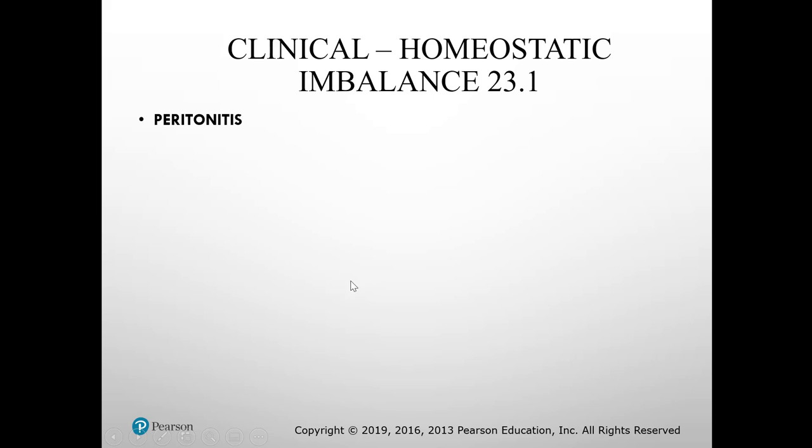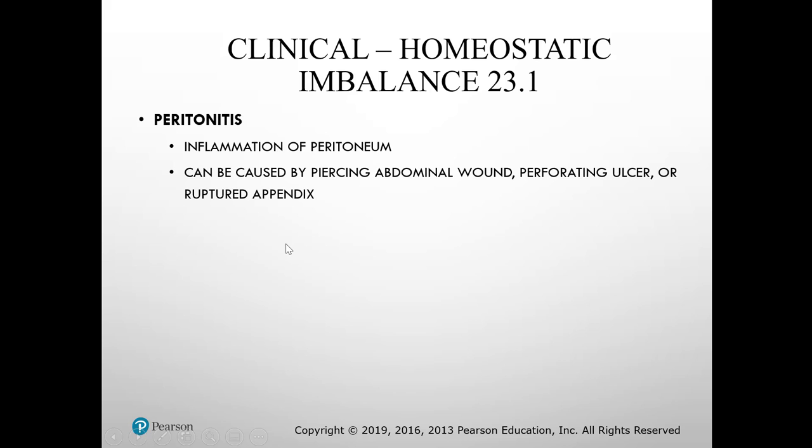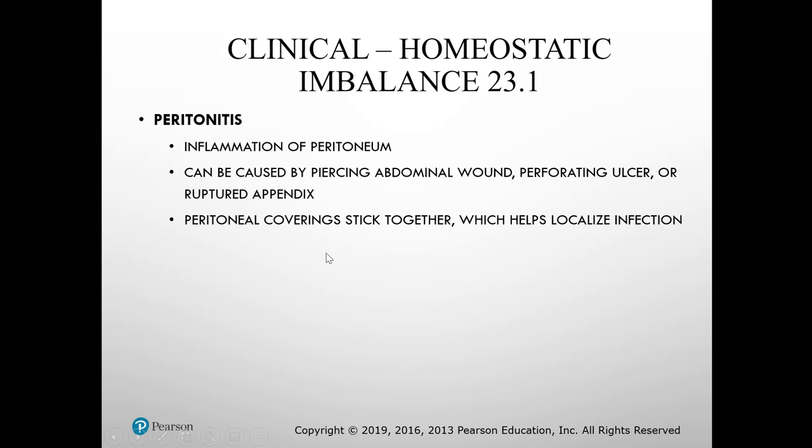Okay, some clinical imbalances. Peritonitis is a term given to the inflammation of the peritoneum. It can be caused by possibly an accidental wound, a perforating ulcer, or a ruptured appendix. When the peritoneum becomes inflamed, the body's tendency will be to heal it, and as it is healing, it could actually stick together.